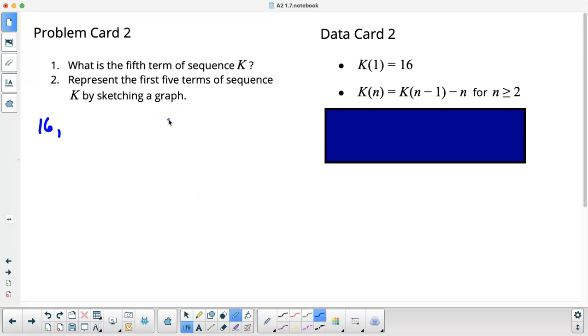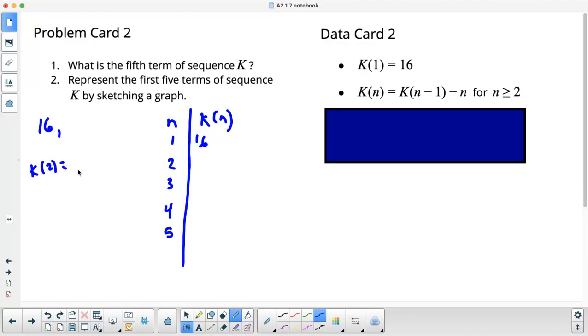Let's go n and then k of n. So the first term was 16. We need the second term, third term, fourth term, fifth term. So to find the second term, so to find k of 2, I take the previous term, which was 16, and I'm going to subtract n. So n in this case is 2.